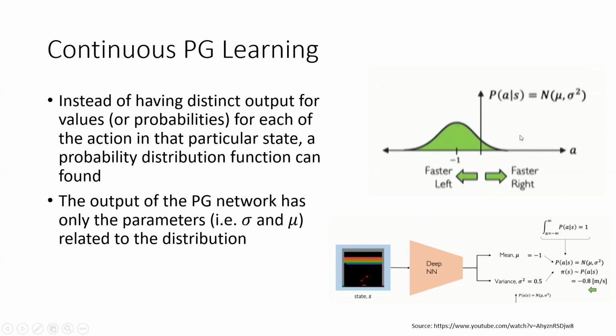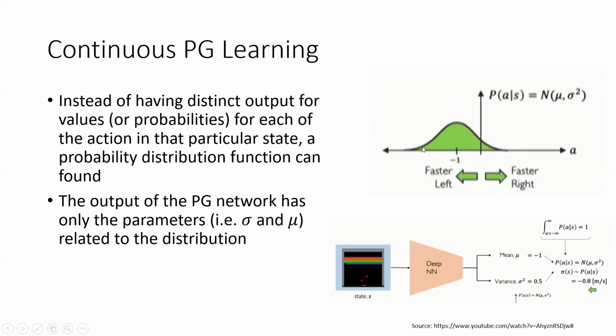However, because there are an infinite number of actions that you can take, and each action corresponds to a particular velocity, we can't learn all the velocities in a deep neural network.